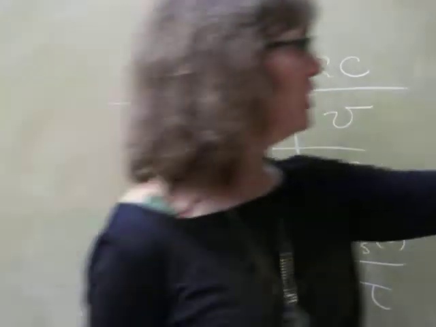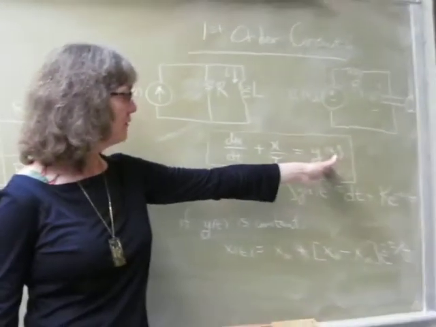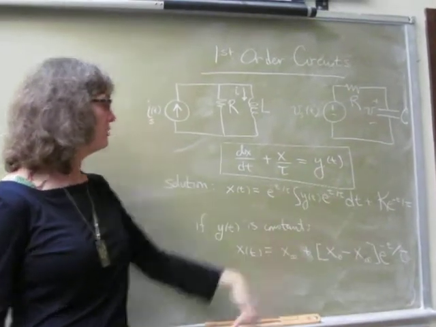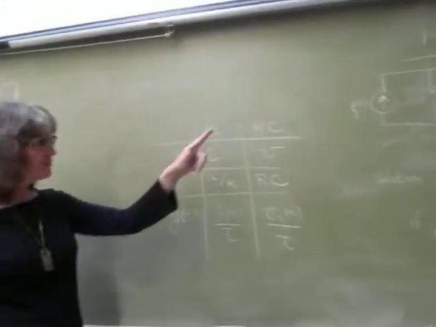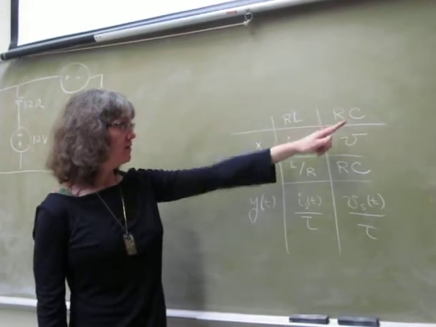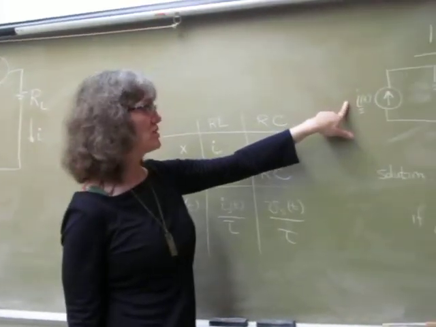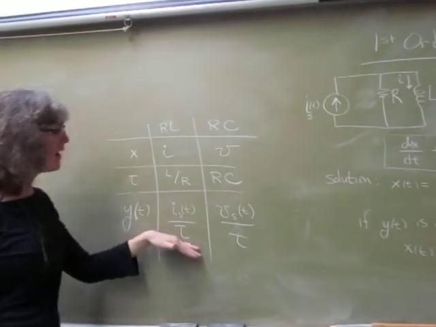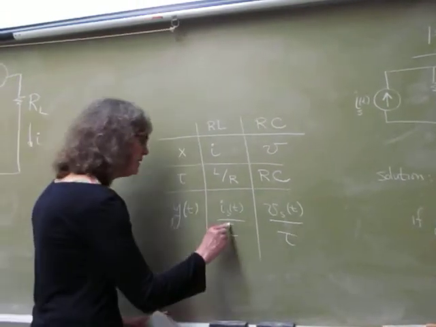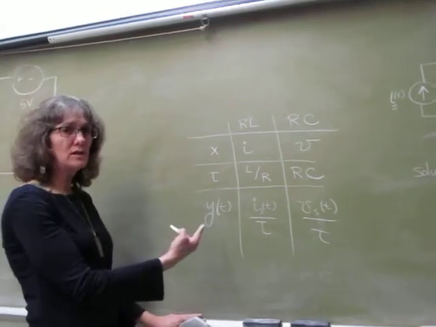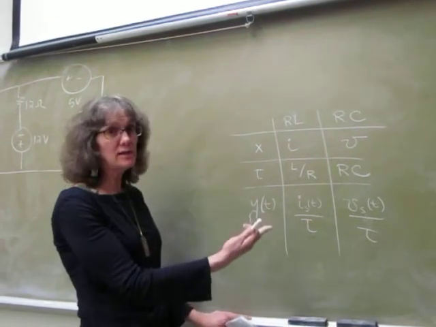That forcing function, the function of t on this side of the differential equation, if it's the inductor circuit, is merely whatever this current source is, divided by tau. So this y of t isn't really the current source, but it's certainly related to it.